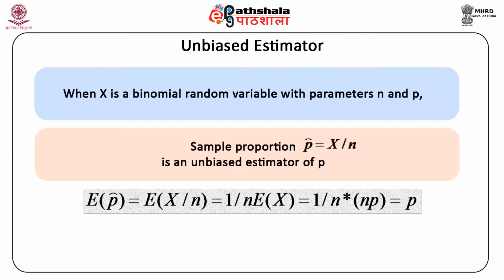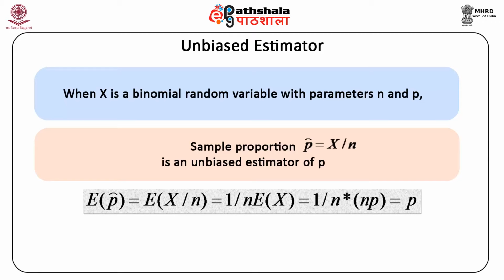The expectation of p hat is equal to the expectation of X by n, which is equal to 1 upon n times the expectation of X. Therefore, this is equal to 1 upon n into np, which is equal to p.